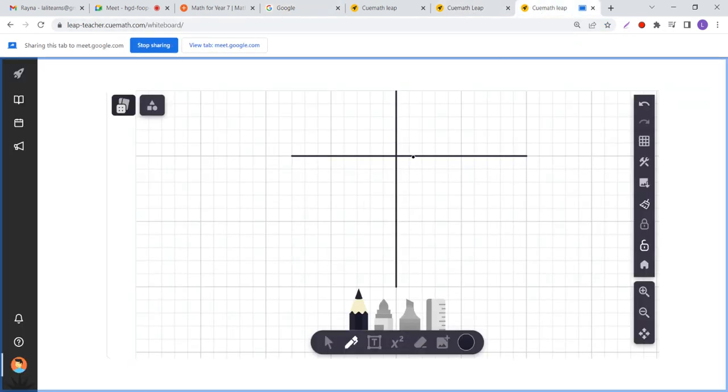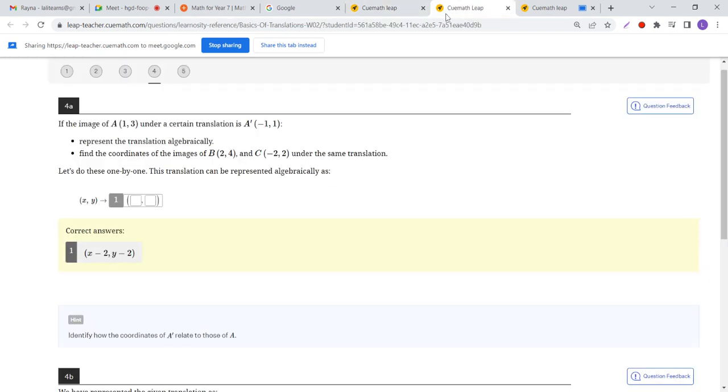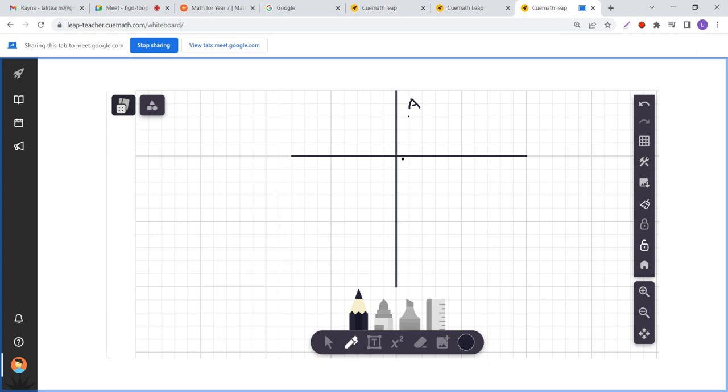A is 1 and 3, so it would be here. This is A. Then the next one given to us is B is 2 and 4. We plot B at 2 and 4, which would be here.